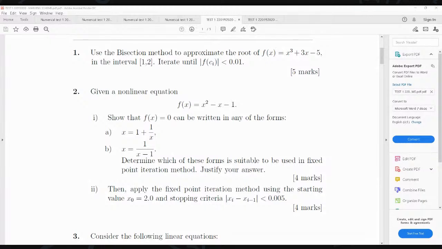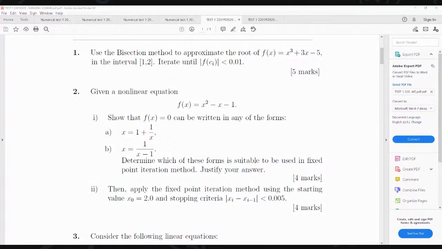We can create another g: g is 1 plus 1 over x, or g is equal to 1 over x minus 1. In this case, you are using the fixed point iterative method to justify which is the suitable g that converges, with the condition that g prime x is between -1 and 1, and then apply the fixed point iterative method.